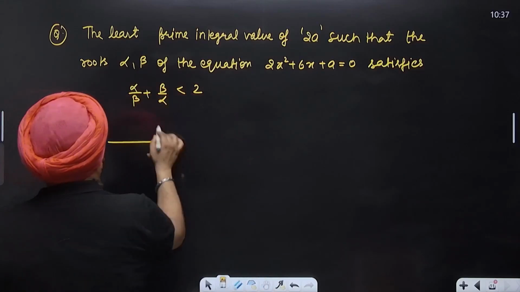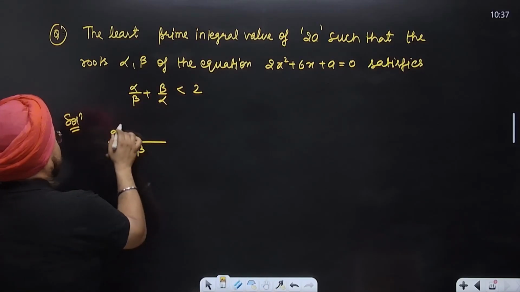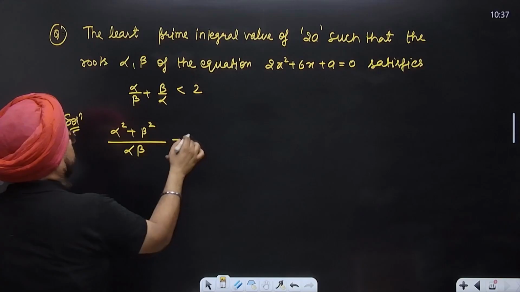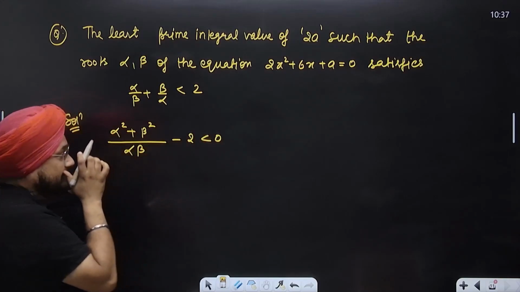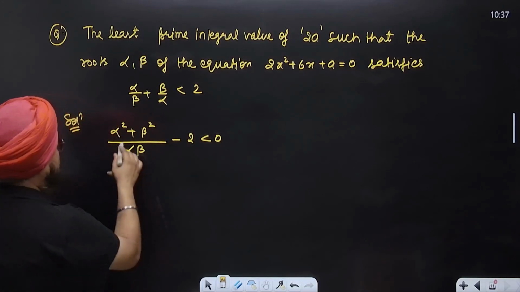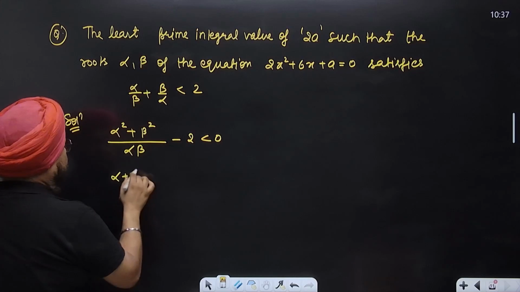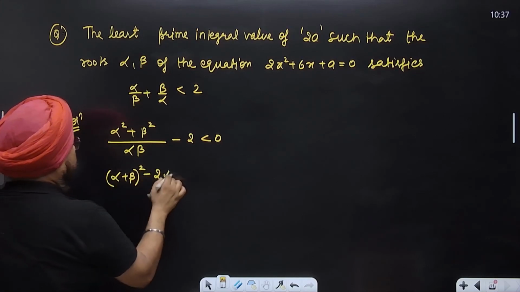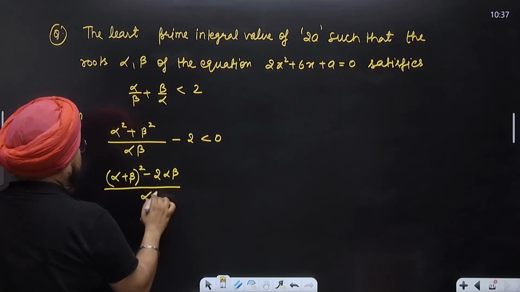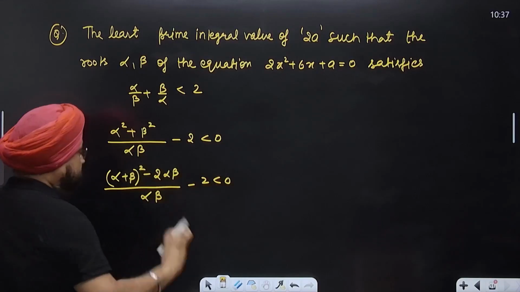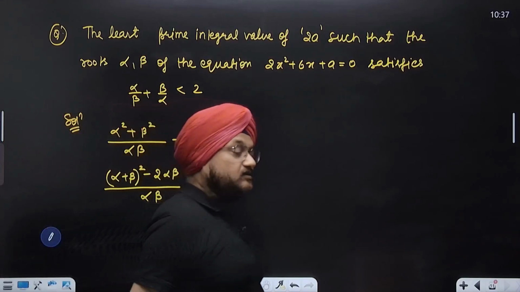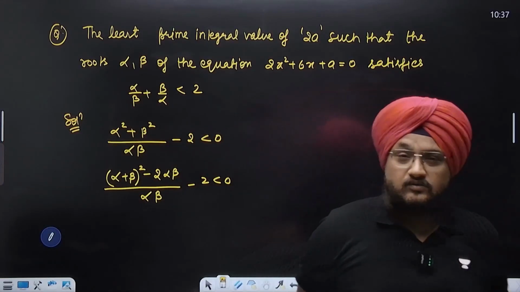So (alpha square plus beta square) upon alpha beta, minus 2 less than 0. We can write this as, now alpha square plus beta square, we can use alpha plus beta whole square minus 2 alpha beta, upon alpha beta. See, now this expression is in the form of sum of roots and product of roots.